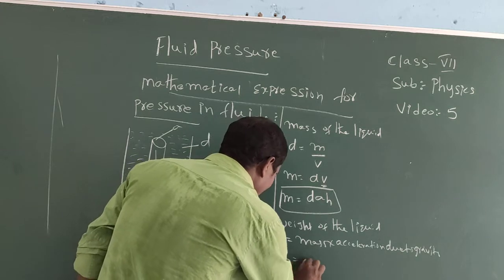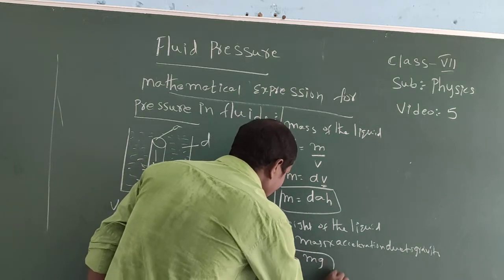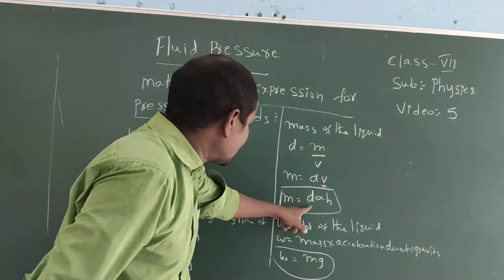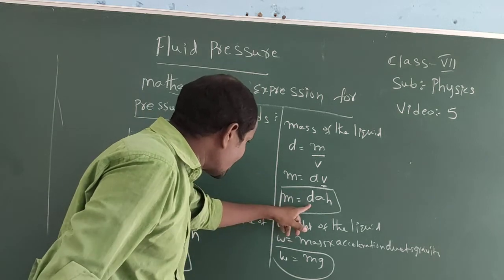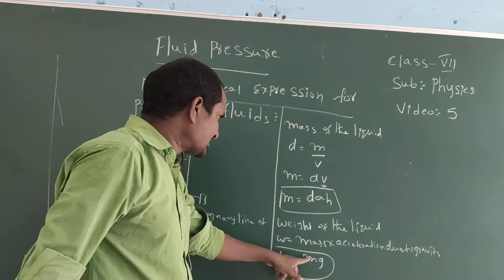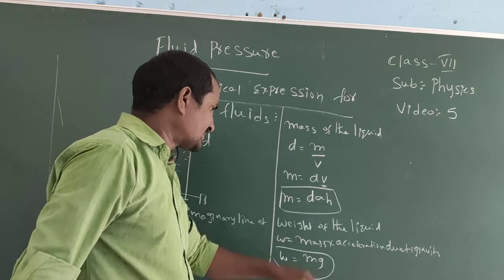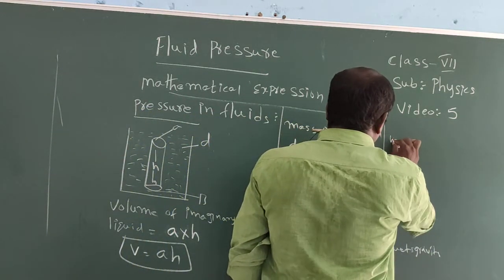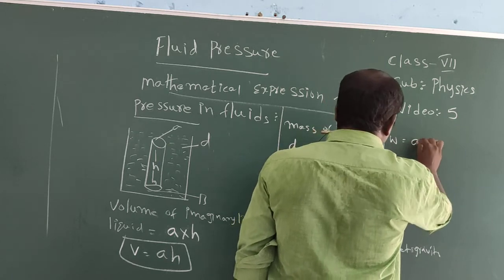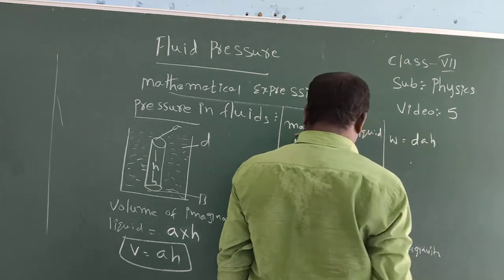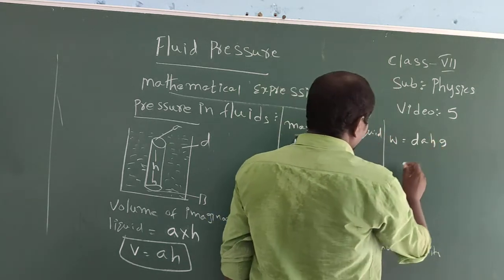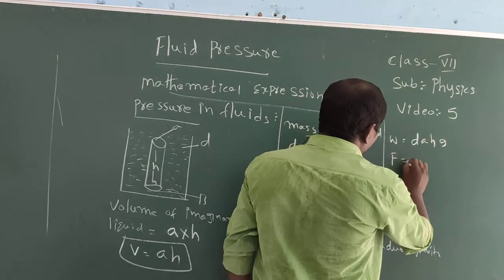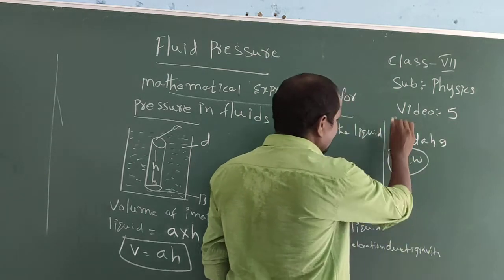So we can write mg. From this equation we got m equal to d into a into h. In the place of m we can write dah. That is weight equal to d into a into h into g. So here force equal to weight, both are equal.